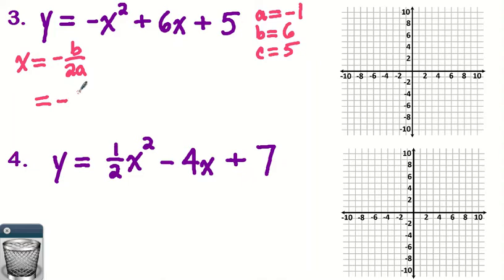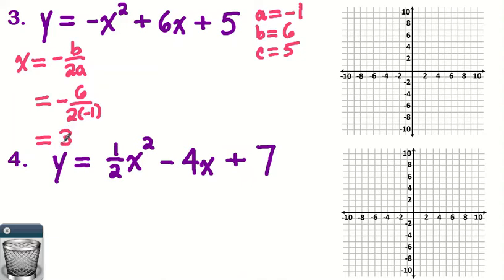That's going to be negative 6 over 2 times negative 1. And so this is a negative 2 down here. So basically, we'll just say it's negative 6 divided by negative 2. So that should be 3.